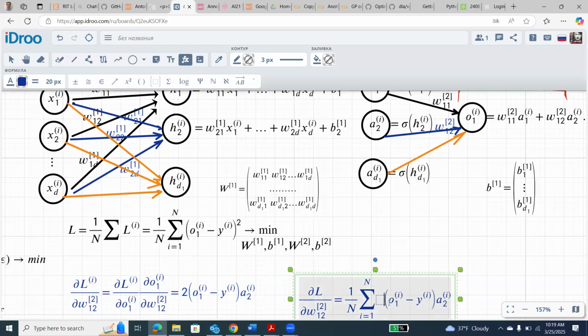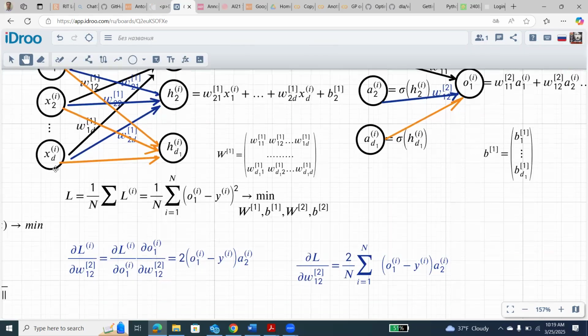And we can factor out 2. Okay, so this is the final answer.